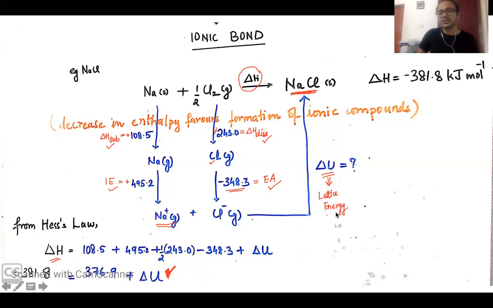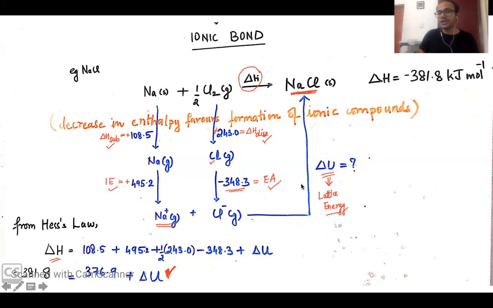Now, if you are asked to define lattice energy, it is the energy released, because it's a negative value, when 1 mole of an ionic compound is formed from its constituent gaseous ions.